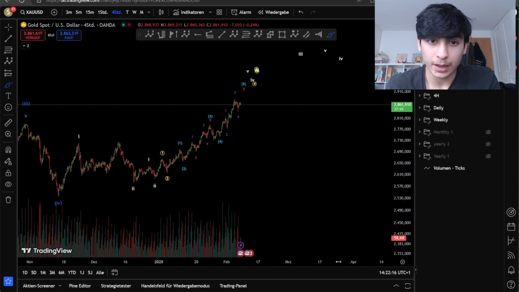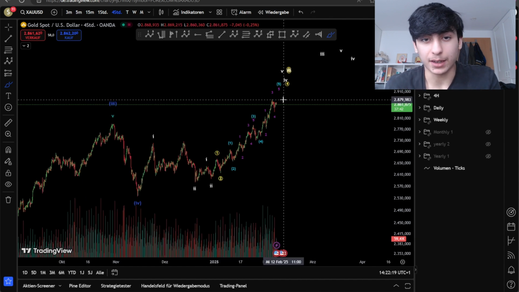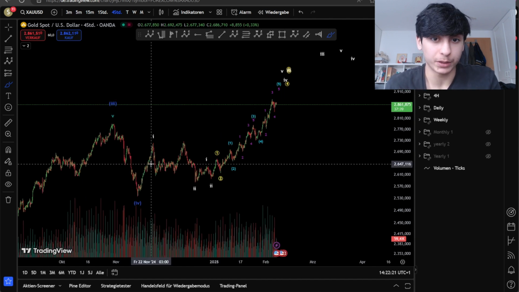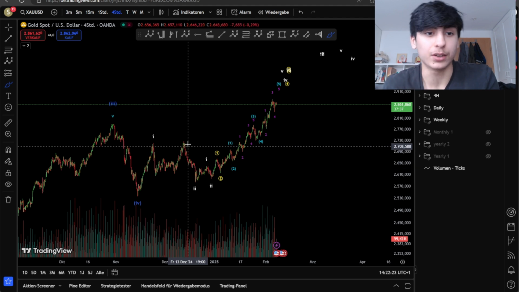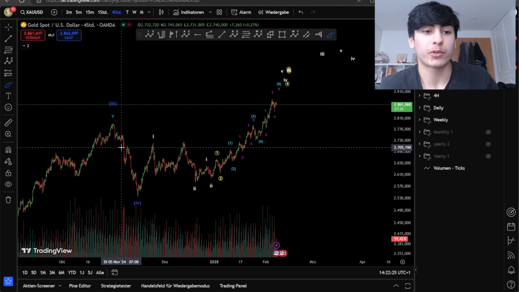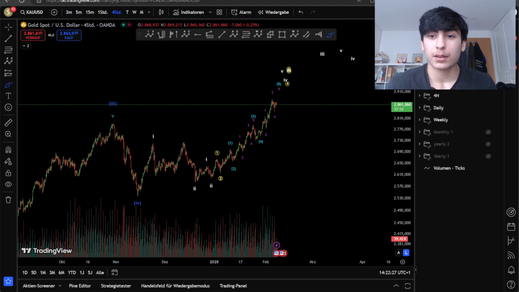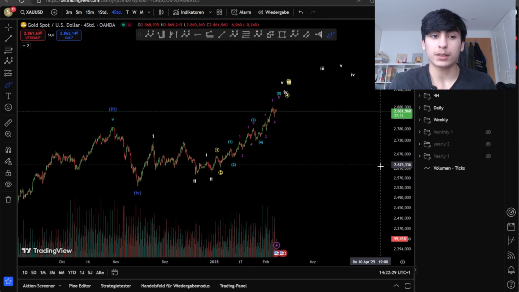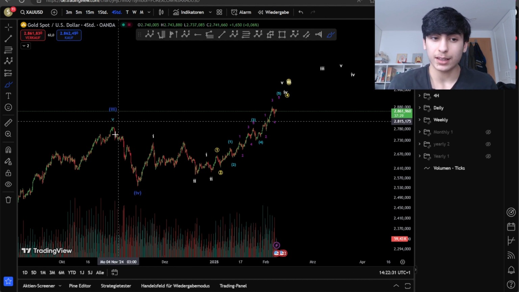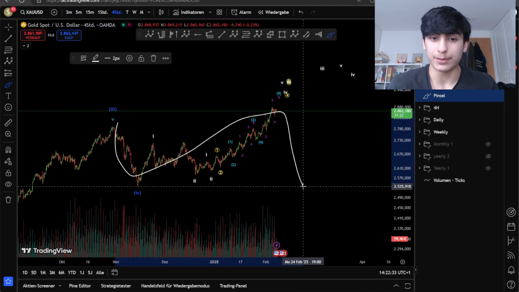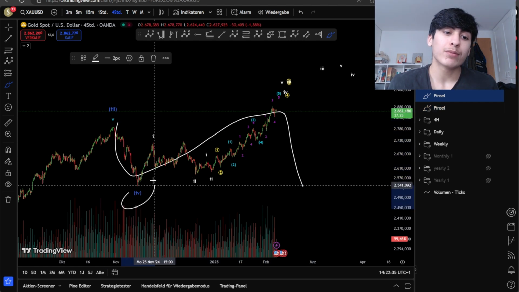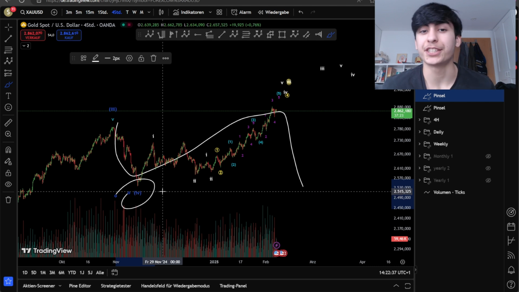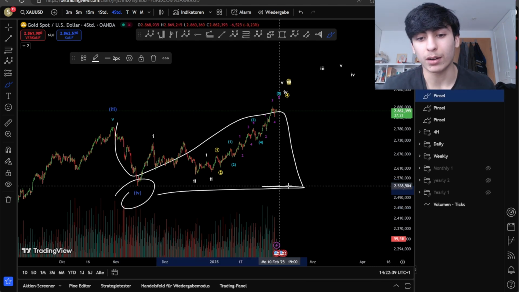Before I start with the bullish scenario, which we see here and is the most likely scenario, I want to discuss the bearish scenario. So ignore all of this at the moment. The bearish scenario is an A, B, C flat, where your wave 4 is simply not finished yet, and you will move this wave 4 to the right.